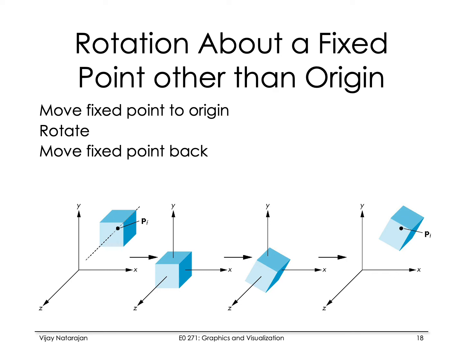When I move the fixed point to the origin, I have transformed the entire object. So essentially all the vertices here are transformed by this operation which moves the fixed point to origin. That's a translation. But we know that this is essentially just changing the reference frame.